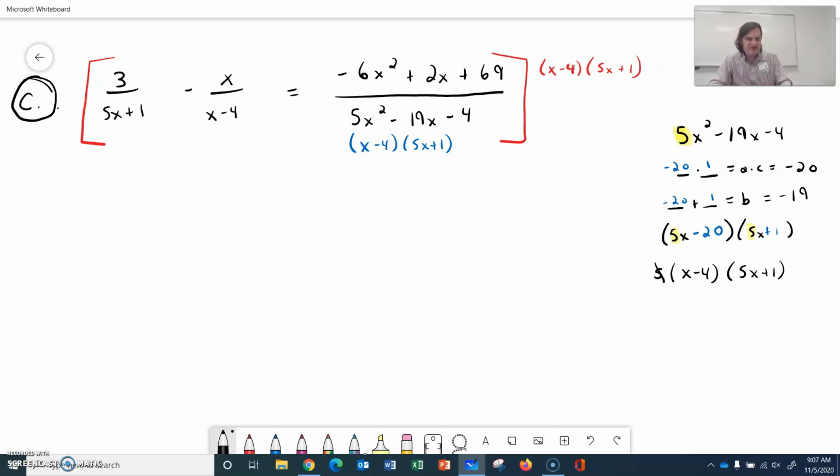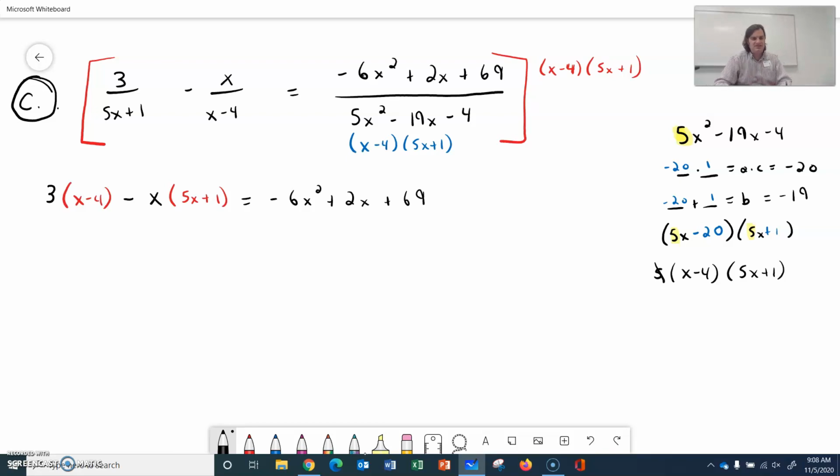The first fraction, the 3 over 5x plus 1, the 5x plus 1 cancels out, so it's 3 times x minus 4. The second fraction, negative x over x minus 4, the x minus 4's cancel out, which means x times 5x plus 1. And on the right-hand side, both factors of the denominator cancel out, so I'm left with the negative 6x squared plus 2x plus 69 up top.